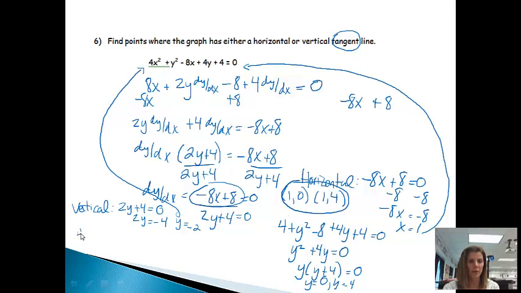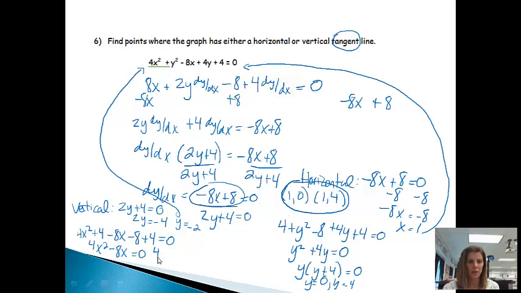So I will have 4x squared plus, if I square negative 2, I will get 4, minus 8x plus 4 times negative 2 will be minus 8, plus 4 equals 0. And then we'll get 4x squared minus 8x, and once again everything else cancels out, so I get equals 0.